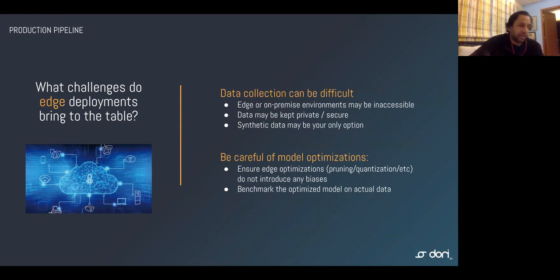And so again, I really emphasize that you need to benchmark these optimized models to make sure that on the data that you've trained with, as well as that data that you've held back, the optimized model is also performing as expected. Have you actually introduced or not introduced any of these errors in that process?